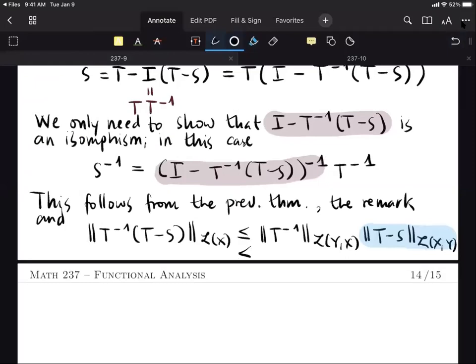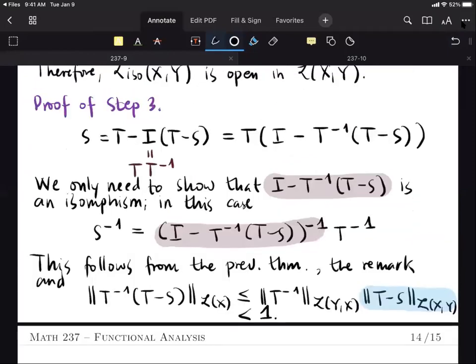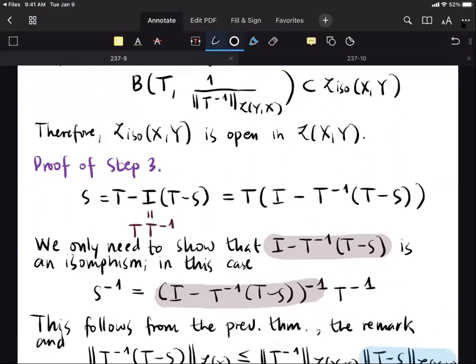So let us put that here. If the norm of this operator is less than 1, then according to the previous theorem and the remark, it follows that the identity minus that operator is invertible, since the inverse is equal to S, the Neumann series. So this is the proof of step 3.